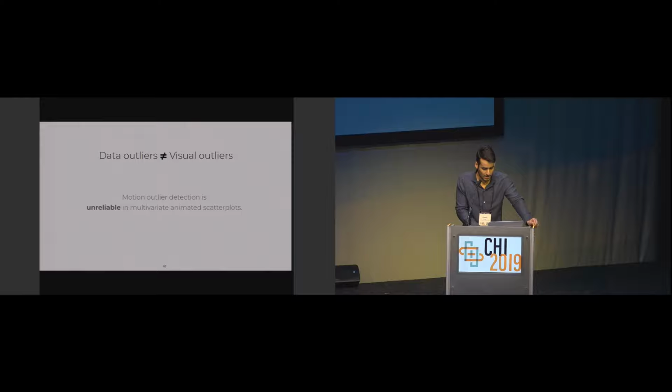So our analysis showed that data outliers did not always correspond to visual outliers. For this reason, we state that motion outlier detection is unreliable in animated scatterplots that present many variables.